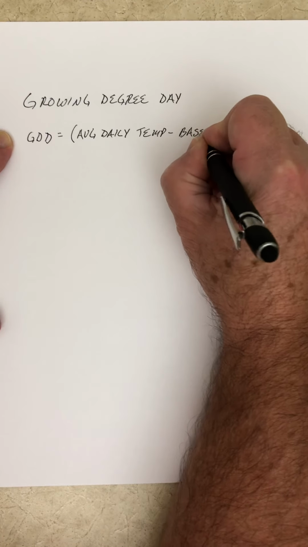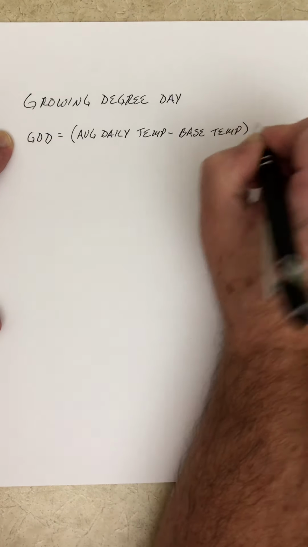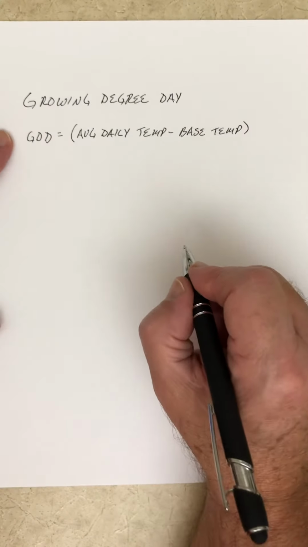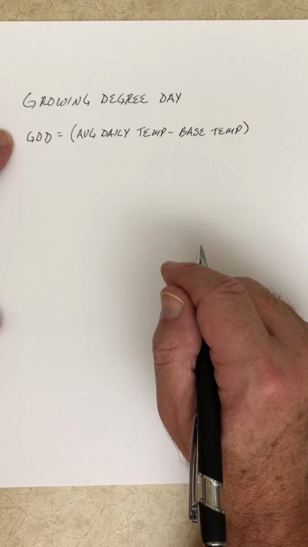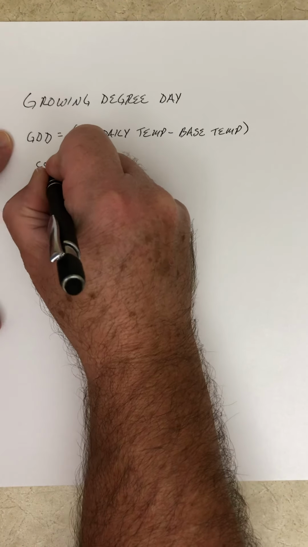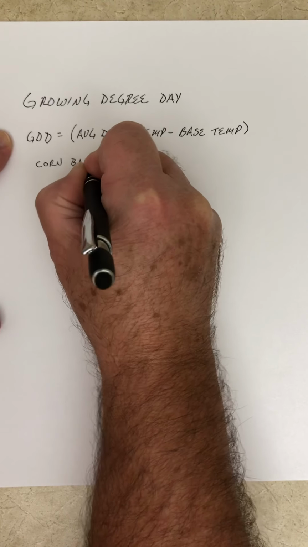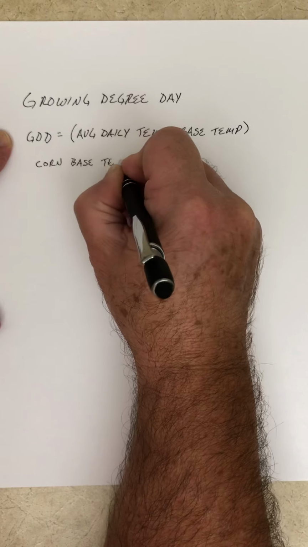And that base temperature is going to be based on the type of crop that it is. So every crop has its own base temperature. Okay, so for example, corn has a base temperature of 50 degrees Fahrenheit.